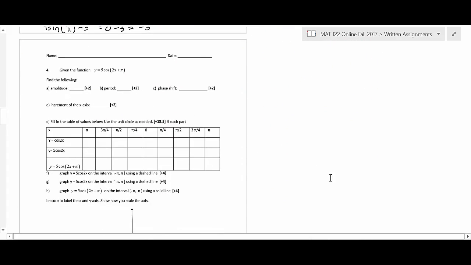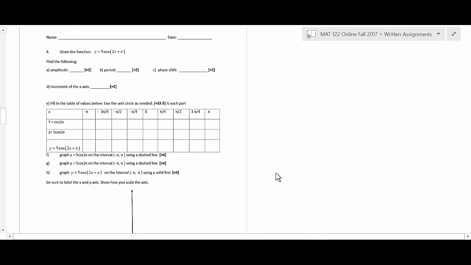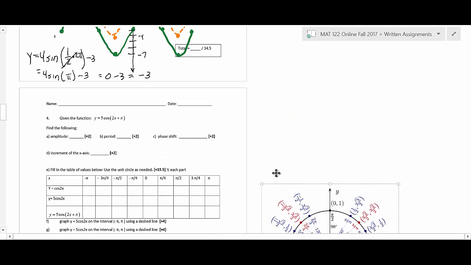Okay, now we go to something that's got a phase shift in it. So going to the next page, what we're going to begin to look at here is, again, this form: y equals a cosine of b times x minus c plus d. Now see, this has to be factored out.